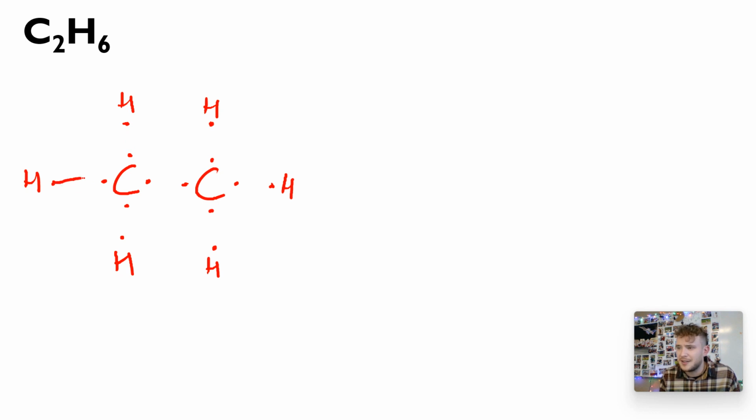So these guys could share right here. This guy could share with the bottom one down there. The top guy could share with the top guy right there. And honestly, I could probably do the same thing over here with the other carbon. I can attach 3 of the hydrogen to that carbon as well, just like that. So those lines represent sharing. And what's left is I could actually connect these 2 carbon just like that.